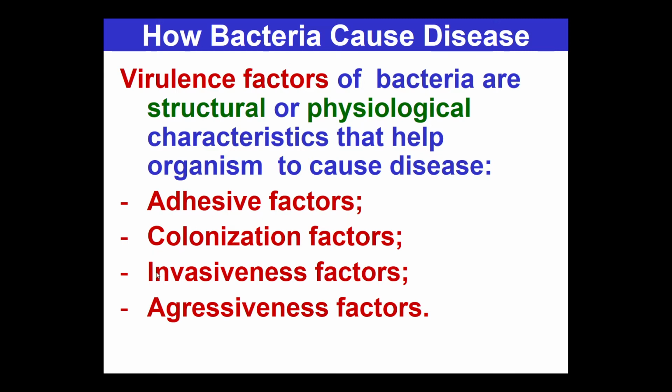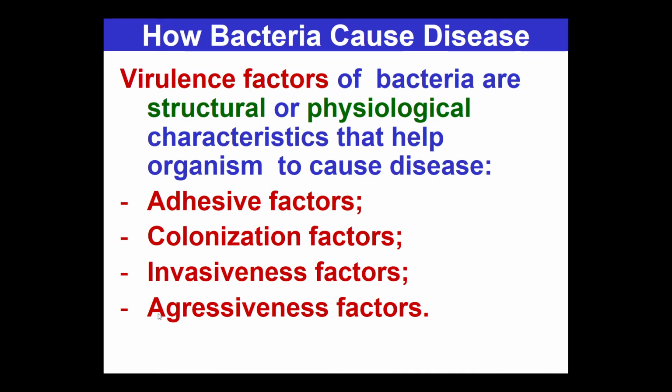Third group of virulence factors, invasiveness factors. Invasiveness factors mostly are enzymes that disrupt human cells or the substance between these cells and help bacteria to spread in the human body. Invasiveness is the capacity to spread inside the host organism.